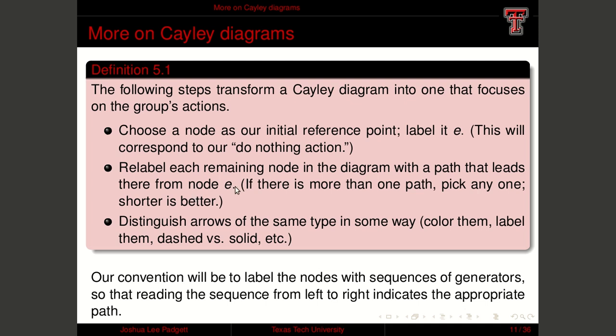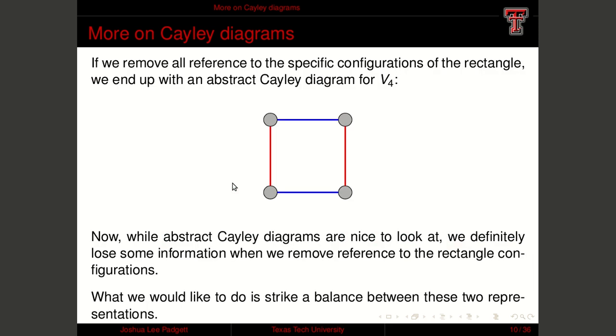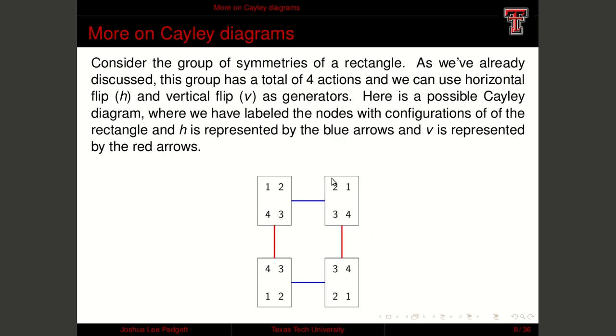All right? So what I mean is, rather than thinking of this node here as a configuration, I would simply think of this node here as H, meaning a horizontal flip, because it is the outcome of that action. I don't necessarily care about what the orientation looks like, because I could reverse engineer that. I simply want to say that this blue line is a horizontal flip, so I'm now going to call this node the result of performing a horizontal flip.